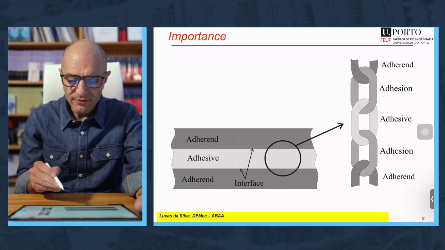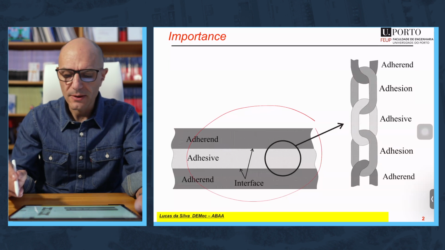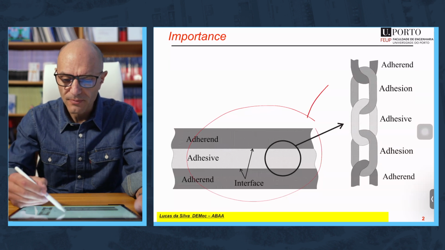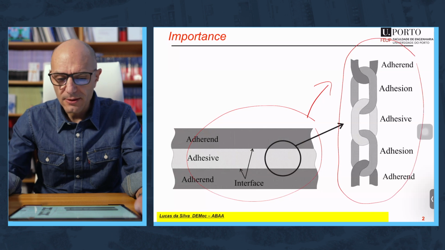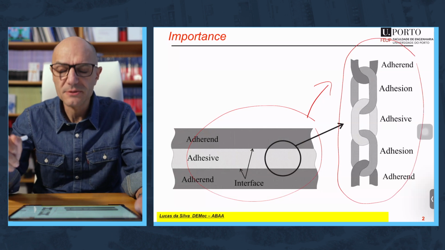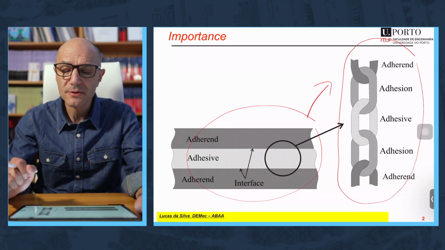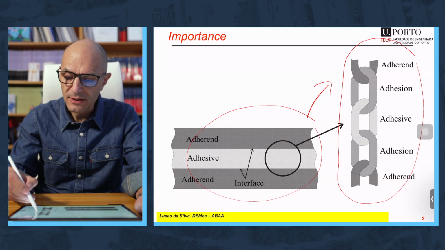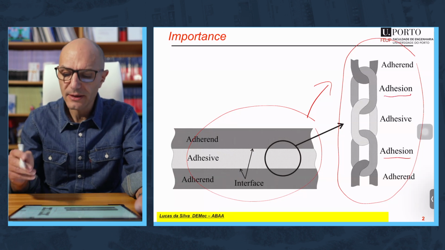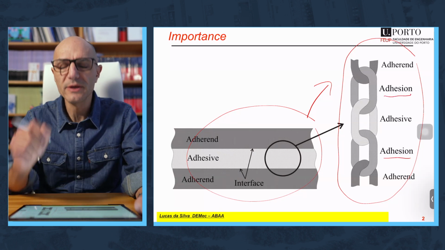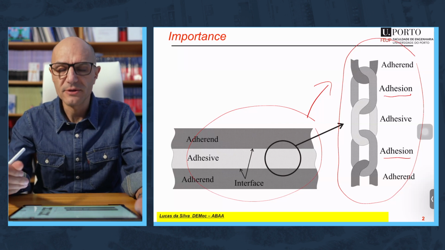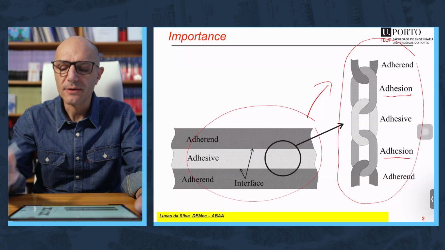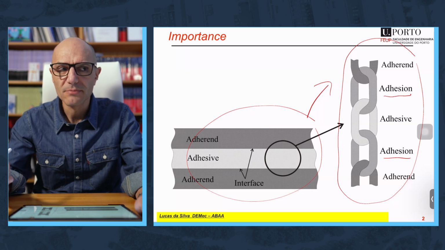We already have analyzed a joint in the introduction as a series of links. And the purpose of the surface treatment is to make sure that this link and this link are never the weakest link. It's possible to prove that the work of adhesion is higher than the work of cohesion.